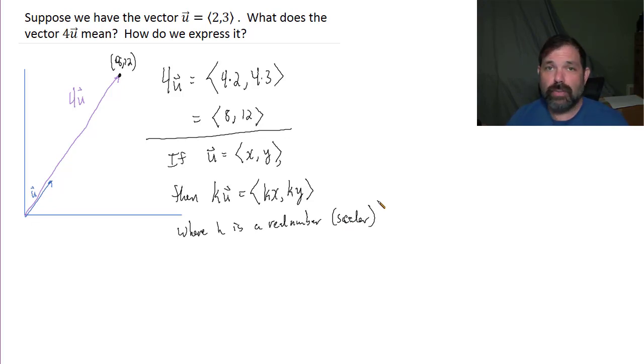Vector multiplication is something different. In fact, there are two different kinds of vector multiplication that you'll become aware of: one called the dot product and one called the cross product. We'll worry about those in later courses.